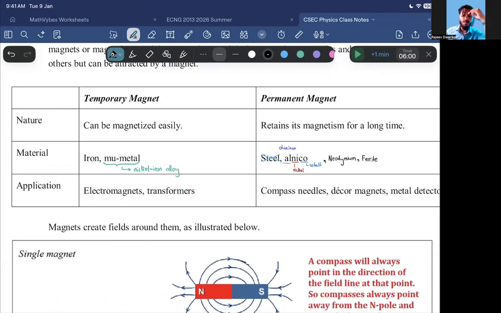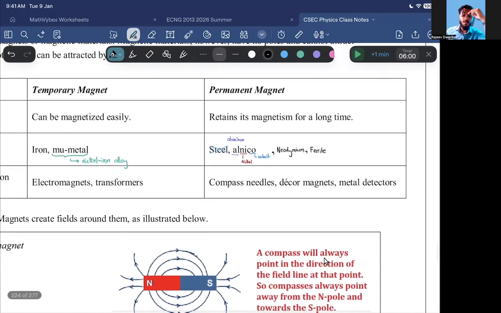So what they actually use is an electromagnet to pick it up, and then they disconnect the power, and the car parts drop. I'll show you what an electromagnet is shortly. Did you know a transformer is actually a temporary magnet? That's why a transformer requires shielding. Permanent magnets: a compass needle, decor magnets, metal detectors.